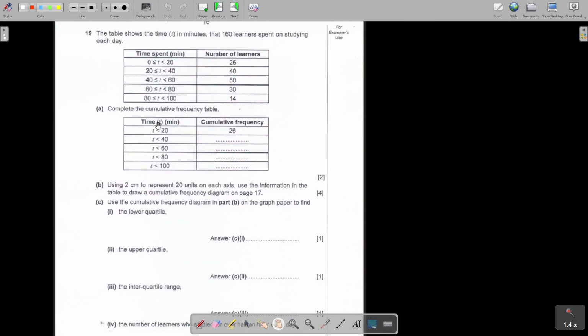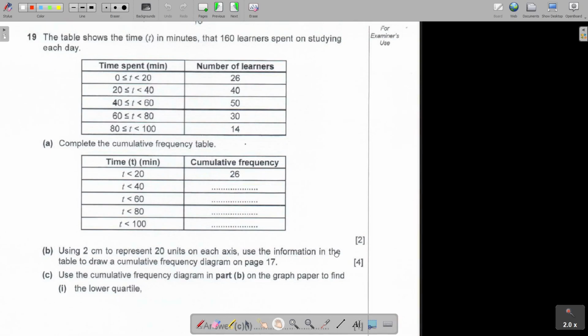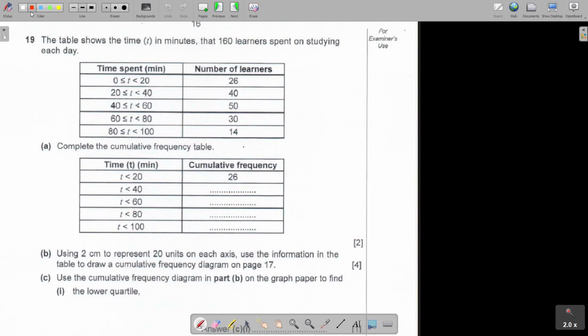Okay. So let's start. The table shows the minutes and then they give you the table. And here comes the cumulative frequency. As I said, they were very nice because they helped you. They already wrote the 40, the end values there for you.